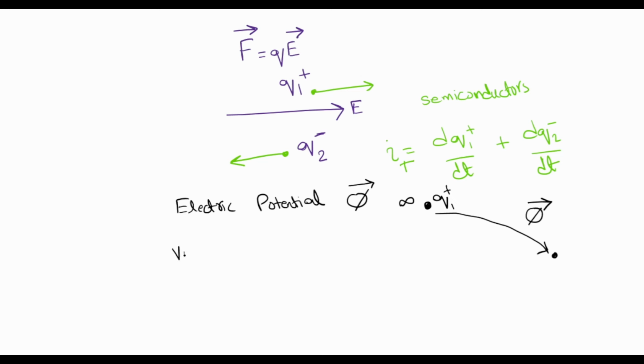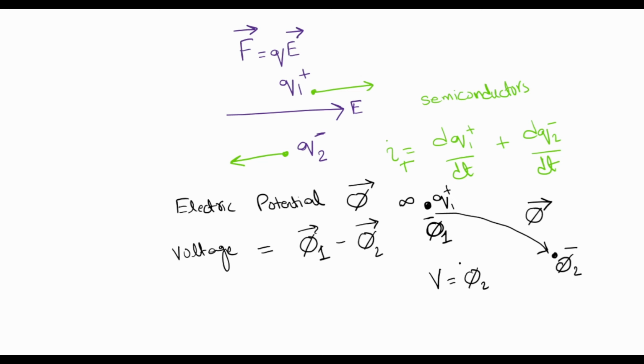And voltage is nothing but the potential difference between 2 points. So let's say the potential here is phi1 and the potential at this point is phi2, the voltage would be nothing but the potential difference between these 2 points, phi2 minus phi1.